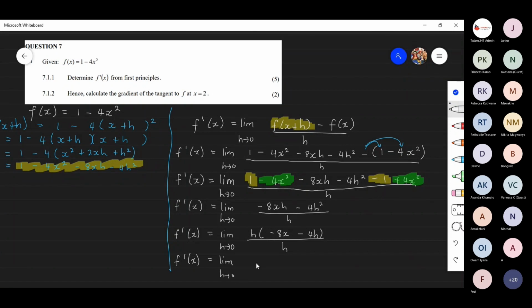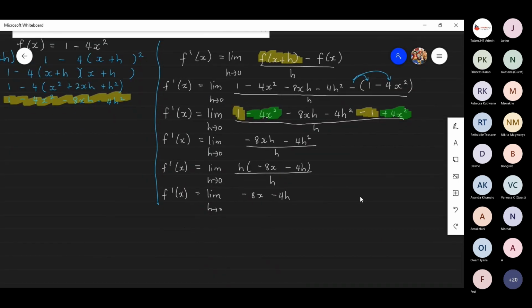So we will therefore be left with negative 8x minus 4h. Now, because we no longer have a denominator of h, meaning that we will not have a denominator of 0, we can now substitute h equals 0.